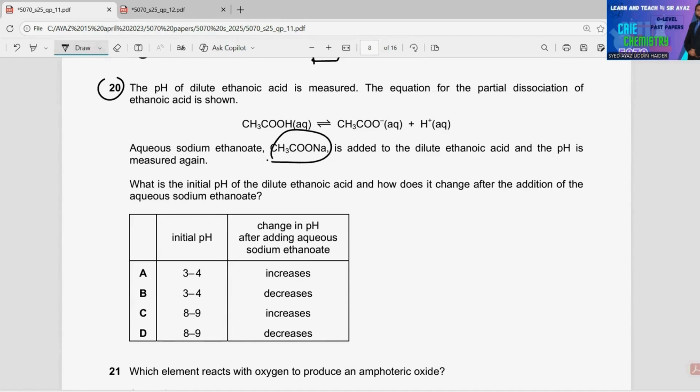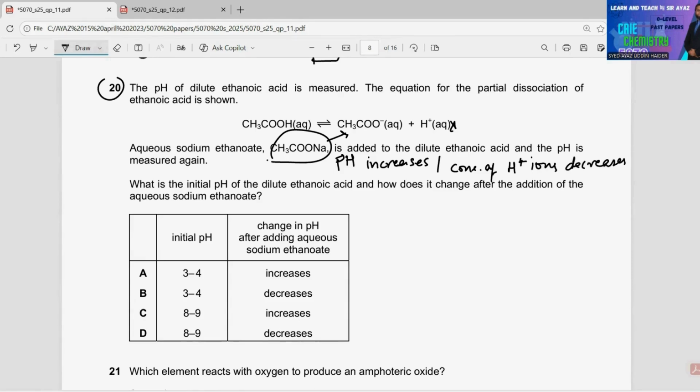It's a salt of this ethanoic acid, sodium ethanoate. So it will shift the equilibrium to the left hand side, which means the pH will increase. Decreasing pH means you will be having more H positive ions, but this is not the case here. Concentration of H ions decreases.